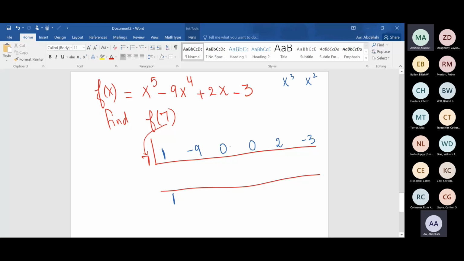This one is for x cubed. This one is for x squared, and this one is for x, and this one is -3. Do you see now? We go in a decreasing way, from the highest exponent to the lowest exponent, right? And any time one exponent is missing, we put 0. Okay.